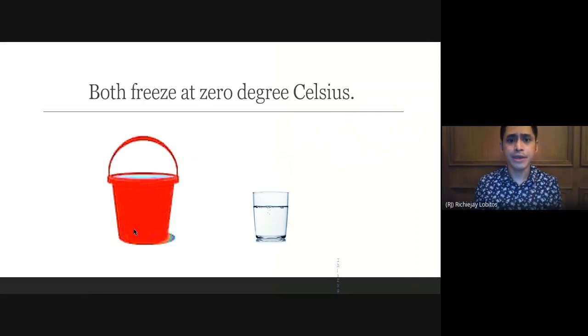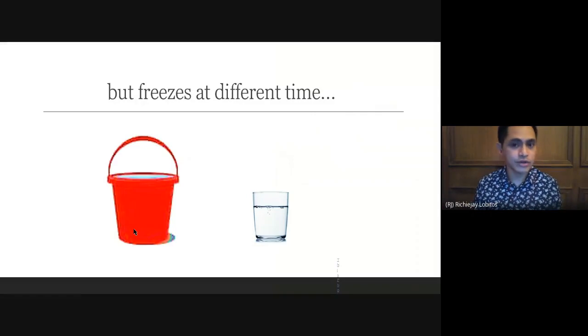Now, both of these water freeze at 0 degrees Celsius. If you have a pail of water and a glass of water, they both freeze at 0 degrees Celsius. Again, without impurities in it, without other substances in it. However, they might not freeze at the same time.